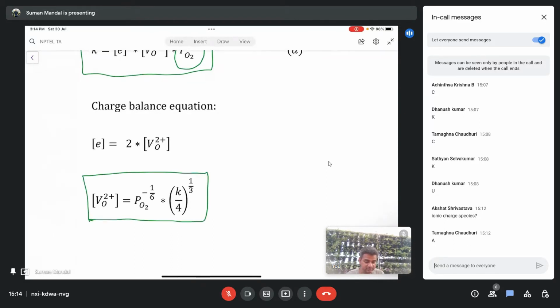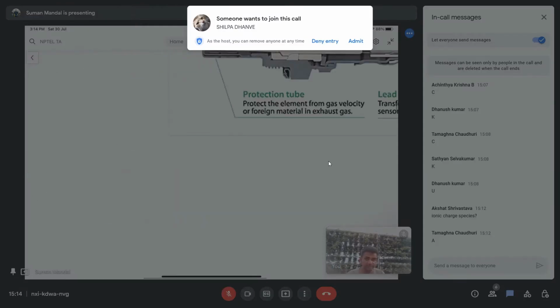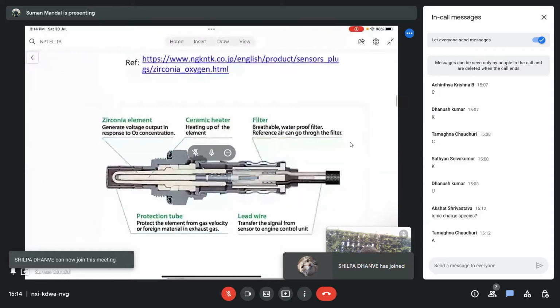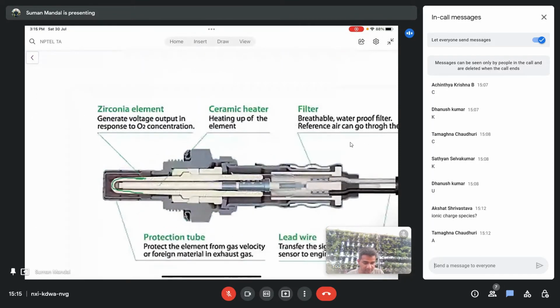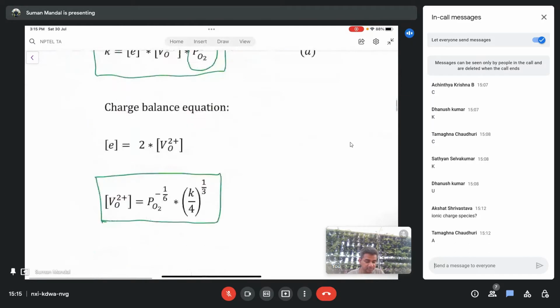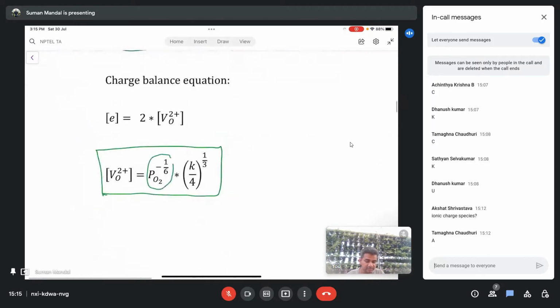So what this means is, this is the oxygen sensor, this is the zirconia sensor, the outer covering. This is zirconia, and what will happen? Oxygen will pass through it, and it will come in contact with this zirconia sensing material, and because the partial pressure is changing, the concentration of the charged vacancies will change, and then because of this, the current itself will change.